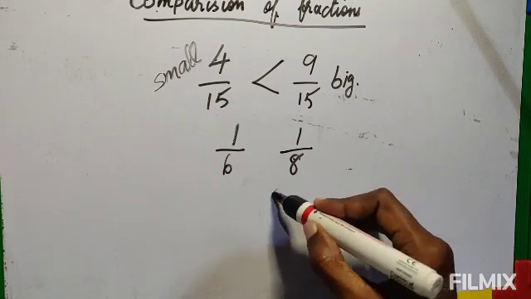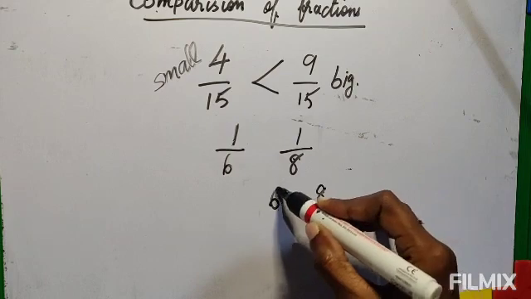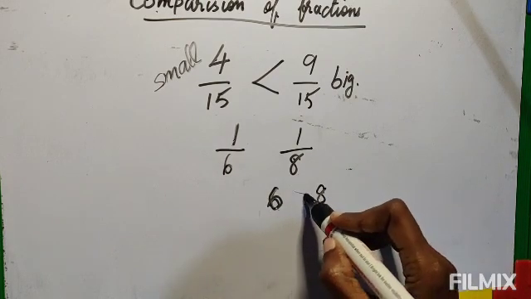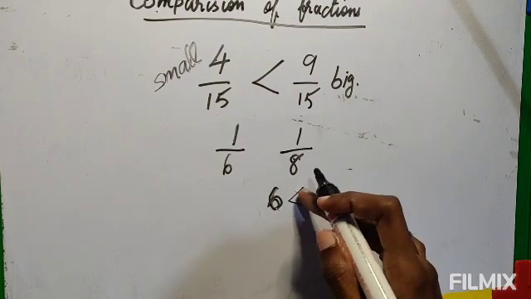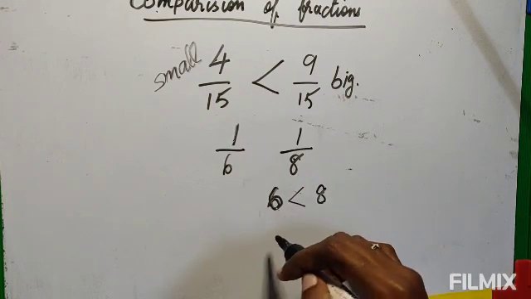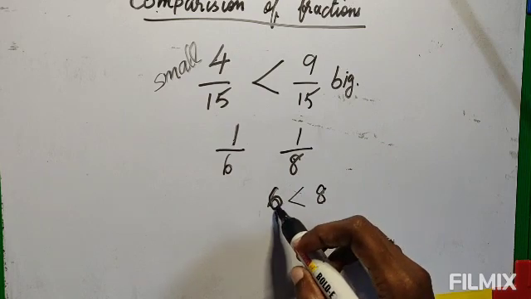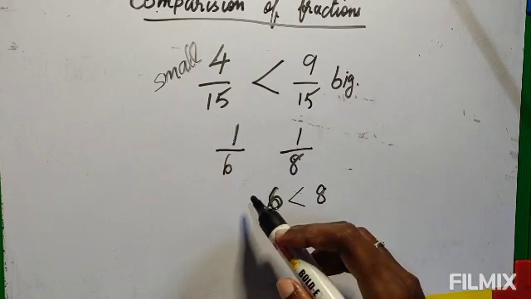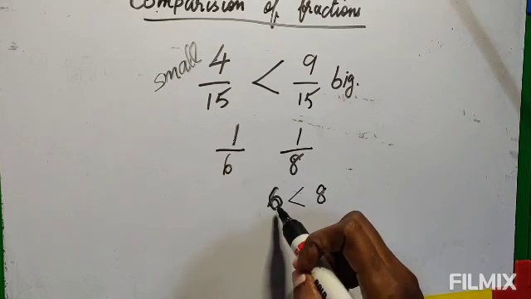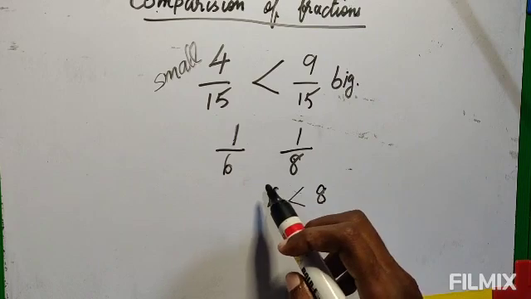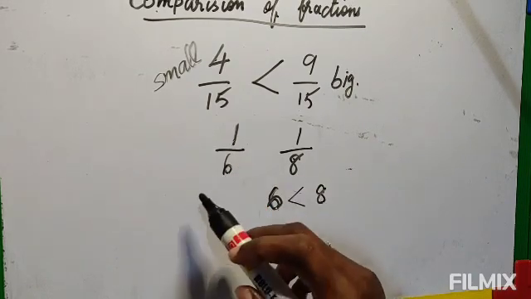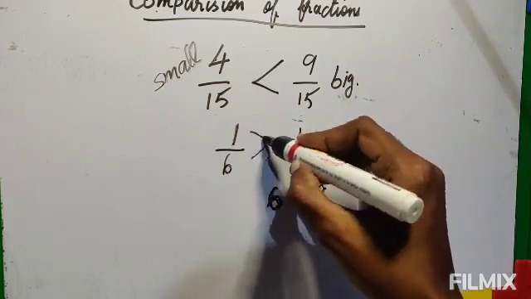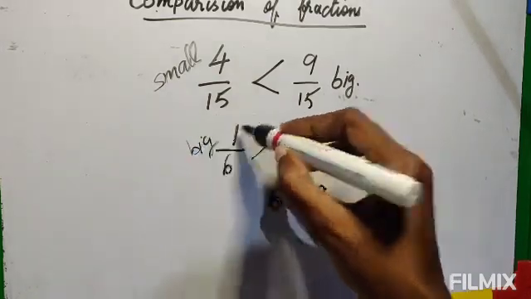Here the denominators are 6 and 8. 6 is smaller and 8 is bigger. So the fraction with the smaller denominator is the bigger fraction. Here 6 is smaller, so this is the bigger fraction, and this is the small one.